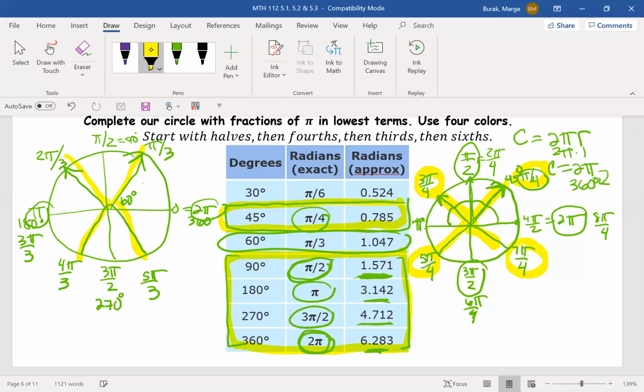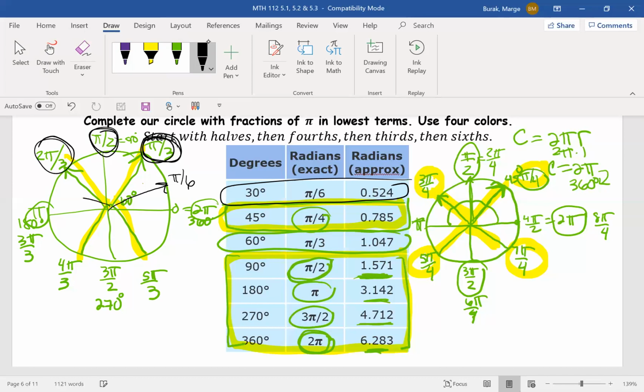Okay, now if we cut a third in half, we get a sixth. If we cut 60 degrees in half, we get 30 degrees, and that's right here. And that's 1/6 of pi. And this would be 2/6 of pi, we don't want that. And this would be 3/6, and this would be 4/6. But this one is 5/6, or 5 pi over 6, and we do want that. 6/6 is pi, this one we need right here.